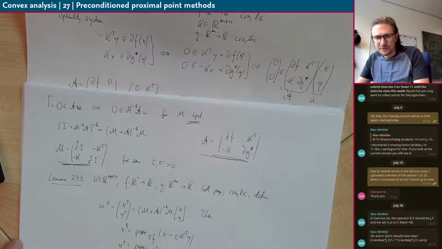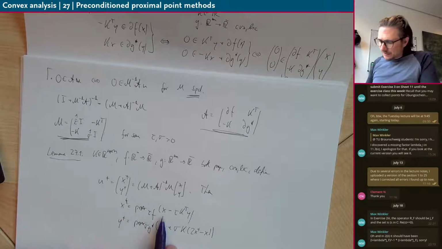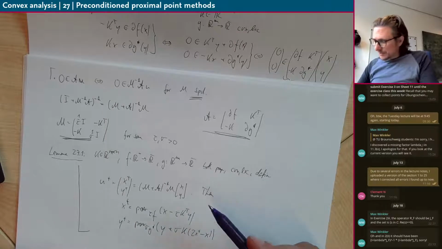Oops, I'm off screen, sorry. So down here, x plus is the prox of tau F applied to x minus tau K transpose y, and y plus is the prox of sigma times G star applied to y plus sigma K applied to 2x plus minus x.